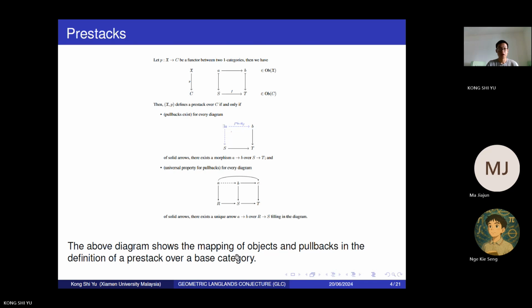So this is our usual definition of a prestack in modern algebraic geometry. Generally, a prestack is a functor between categories, and it satisfies the following condition. Particularly, it requires the pullbacks to exist, and this is a universal property for the pullbacks.